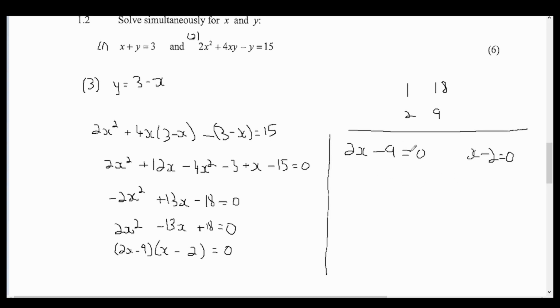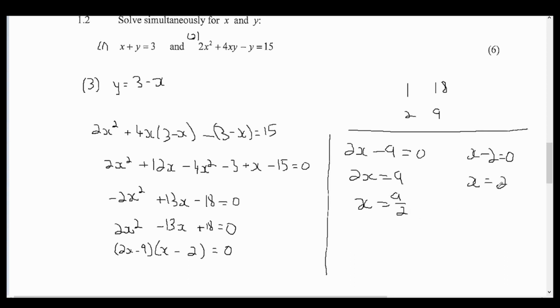It becomes 2x equals 9, or x, I can actually just finish this one first. We add 2 on both sides, so it becomes x equals 2. And over here we divide both sides by 2, so we have x equals 9 over 2.